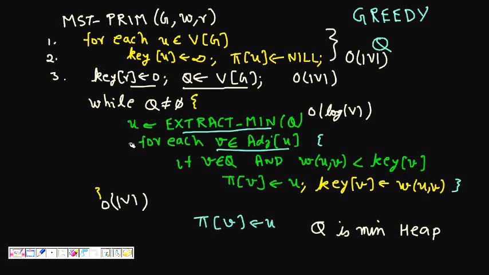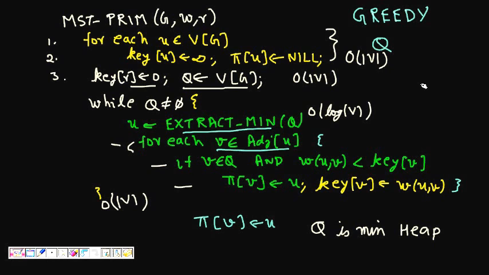Then if we see this part of the code, for each V adjacent to U, this is running over all the vertices. It runs for how much? For all the vertices, you are trying to look at all its edges.